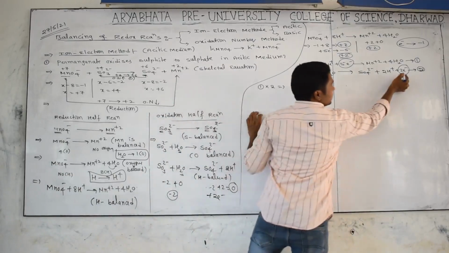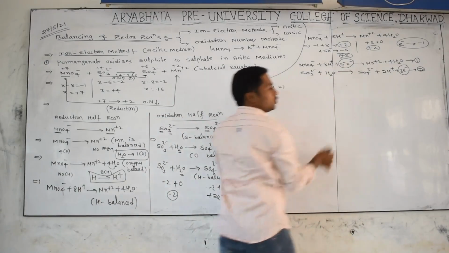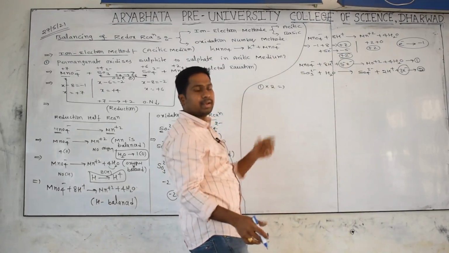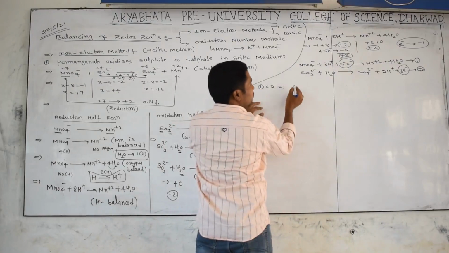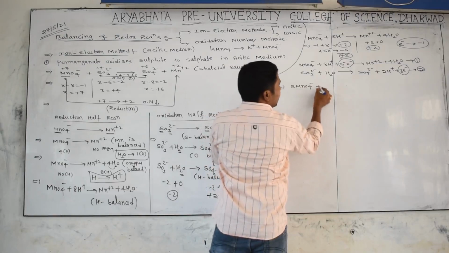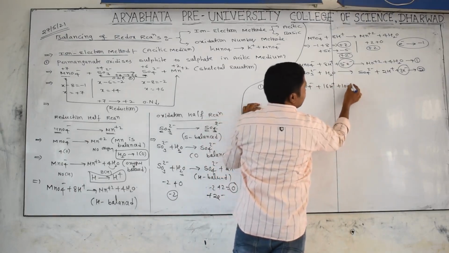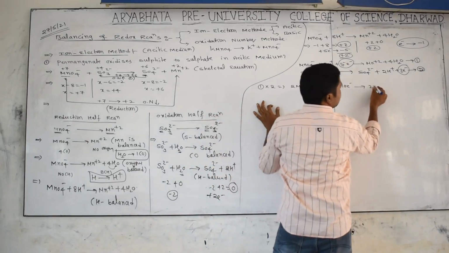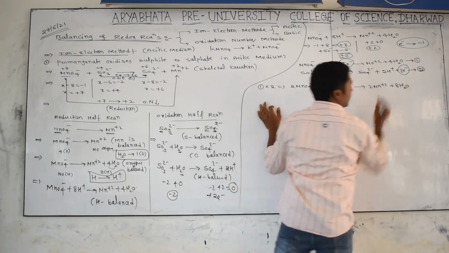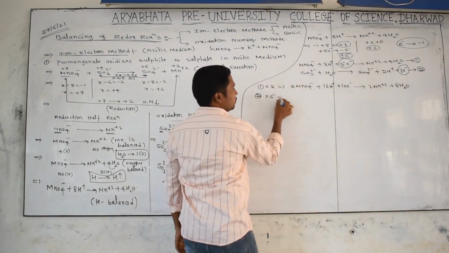With this coefficient we have to multiply the whole equation, then we get 10 electrons, and the 10 electrons equalize. Equation number 1 into 2 means 2MnO4 minus plus 2 8s are 16H plus plus 10 electrons gives rise to 2Mn 2 plus plus 8H2O. Now I want to multiply equation number 2 into 5.